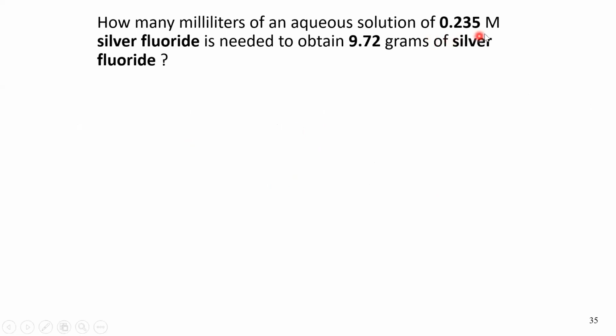And now again, we need to remember what this 0.235 molar really means. It's really the conversion factor that tells us there's 0.235 moles per liter in this solution. So from there, we're given 9.72 grams of silver fluoride.